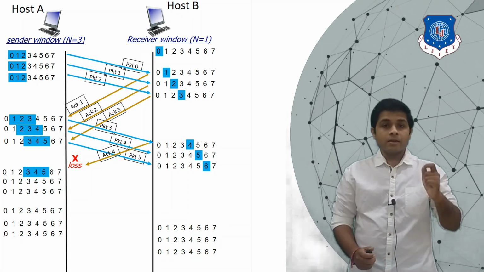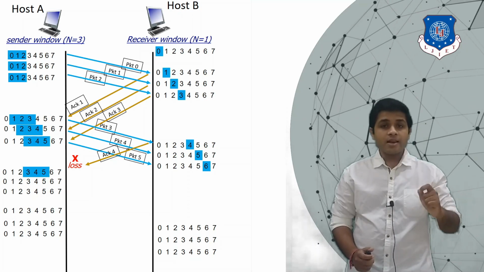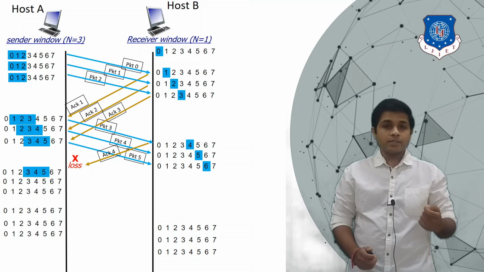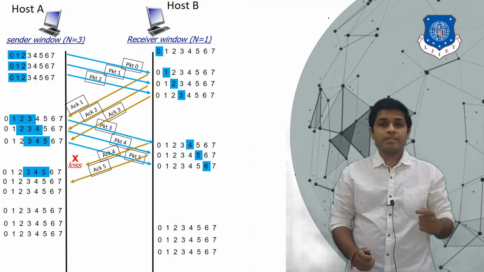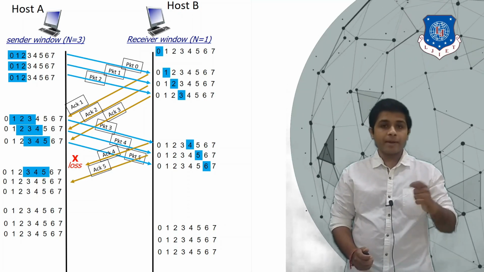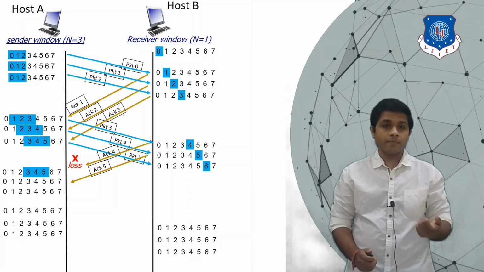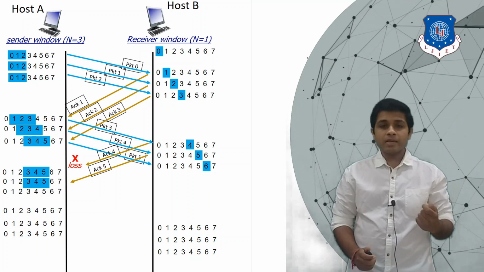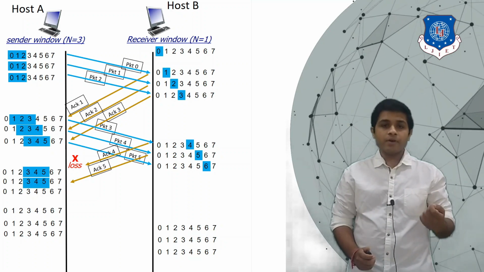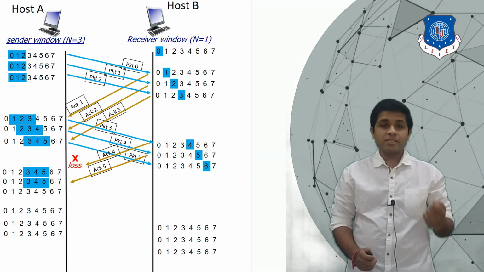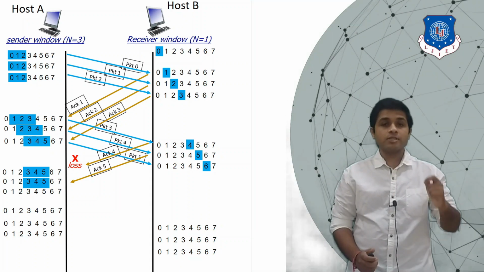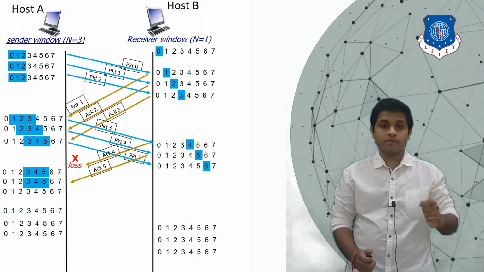Device A is still expecting acknowledgement 4. After some time, B sends the next acknowledgement for packet 4, which is ACK 5. When host A receives ACK 5, it is still expecting ACK 4, the acknowledgement for packet 3.